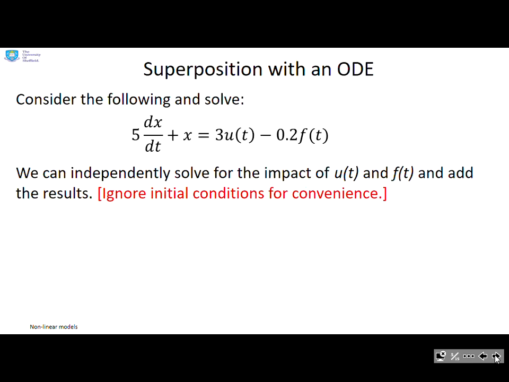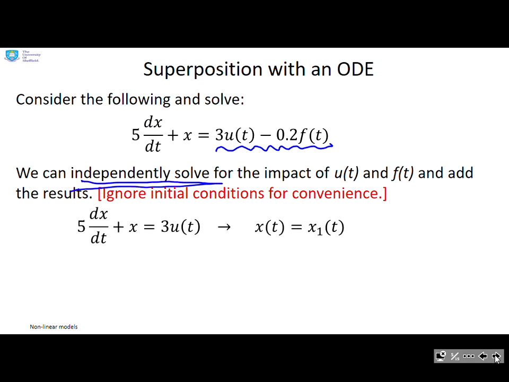Here's an example with an ODE. Consider the following ODE and solve, and you'll notice I've made the right-hand side comprise of two different functions, u and f. And what we're going to do is solve independently for the impact of u and f. So for example, I first solve this equation where I've only got u, and that gives me a solution x1.